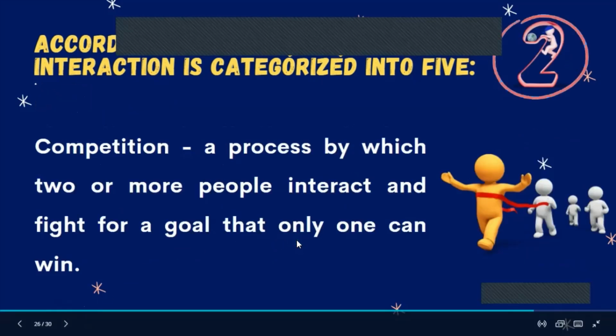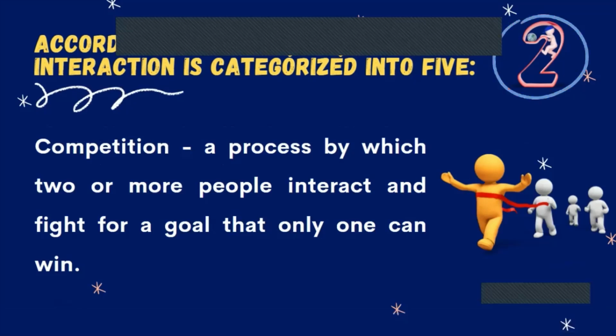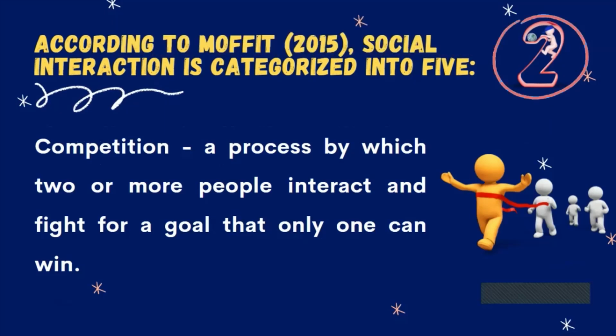Next, you want to socially interact because you want to have a competition. How can you have a competition if you are not talking to that person? There can be times that it is possible. However, in our setting, communication is very important, either verbal or non-verbal, when we compete with other people.